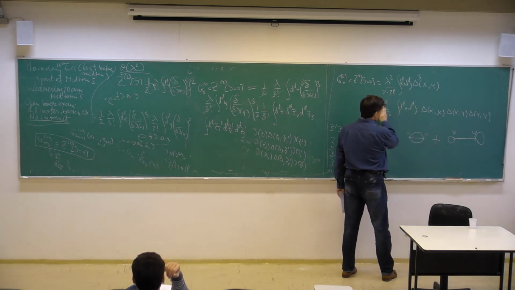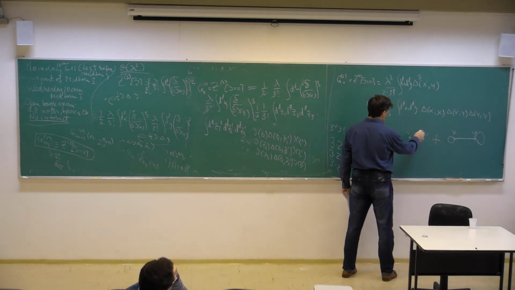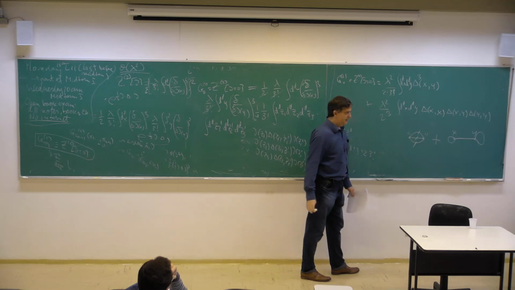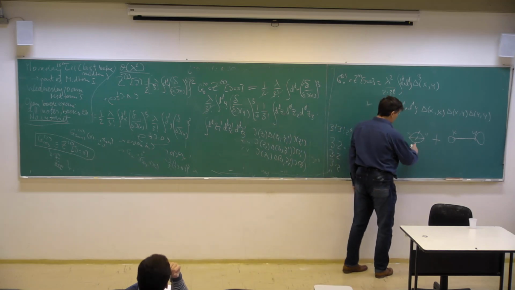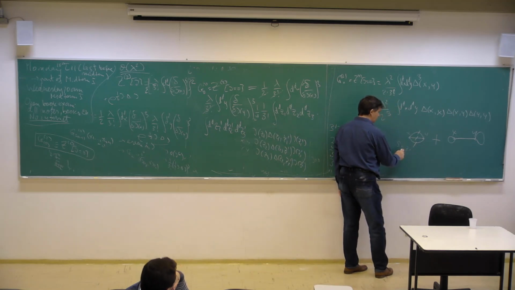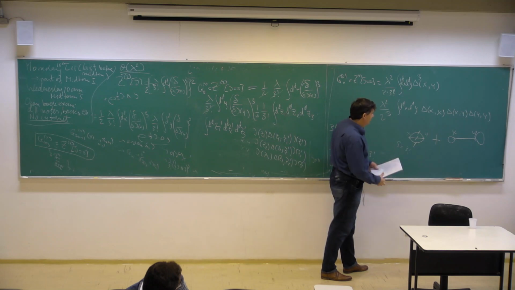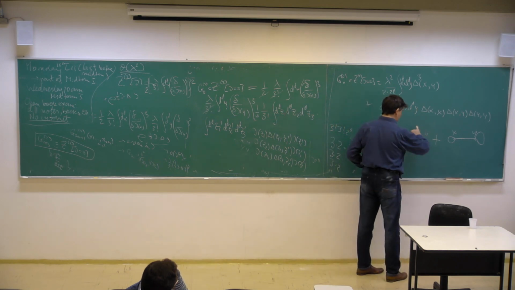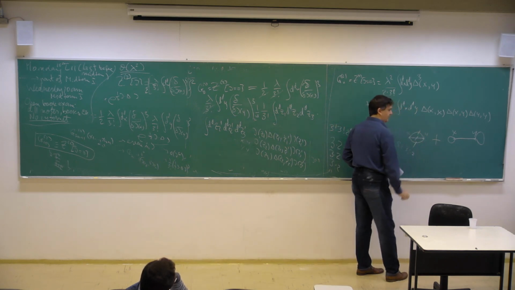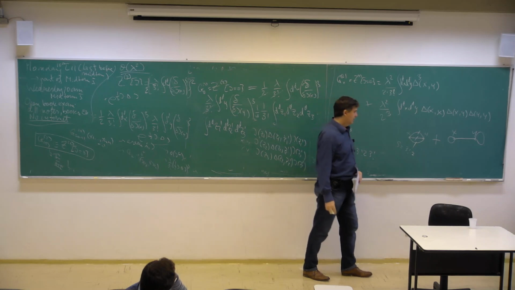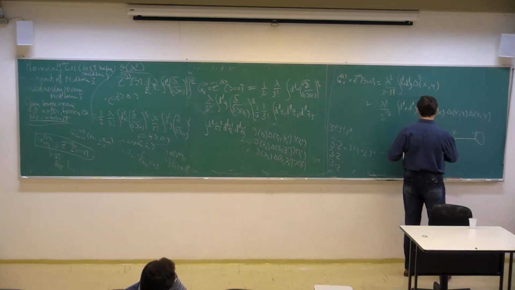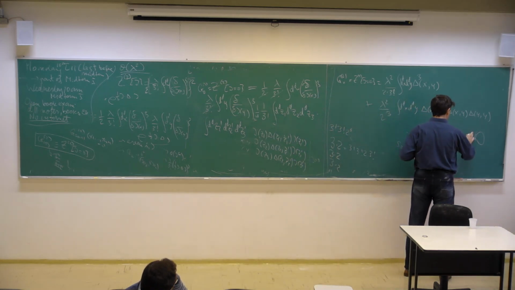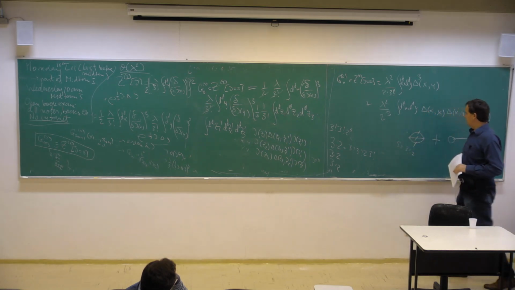So for this term, I have these 3 things. This gives me a 3 factorial. But then these points x and y are not external, they're integrated over, so I can flip them. I can also flip the diagram like this, so that is times 2. Perhaps I should not put them because it might confuse you.